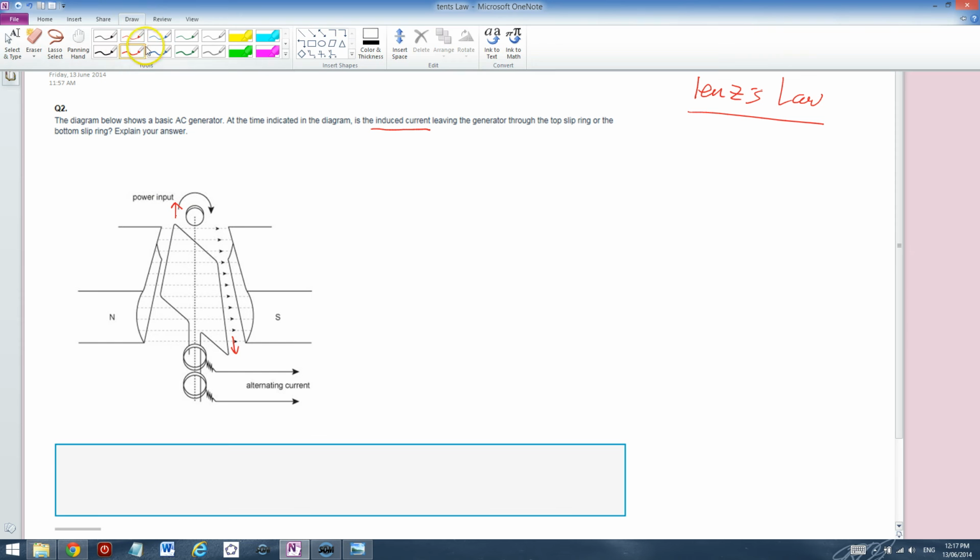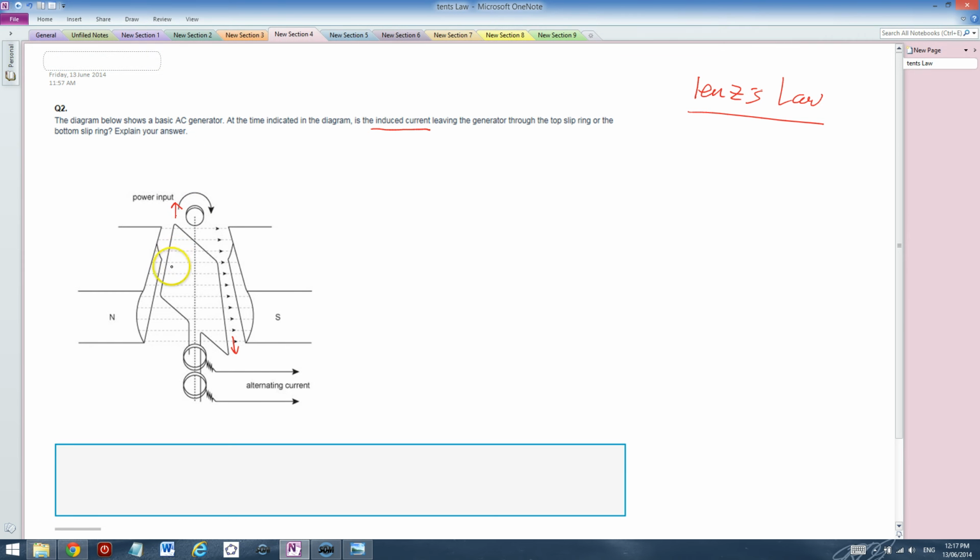The coil wants to push it downwards. So when we use Lenz's law, in this case, when you use your right hand rule, put your palm downwards, because this is what the coil wants to do.